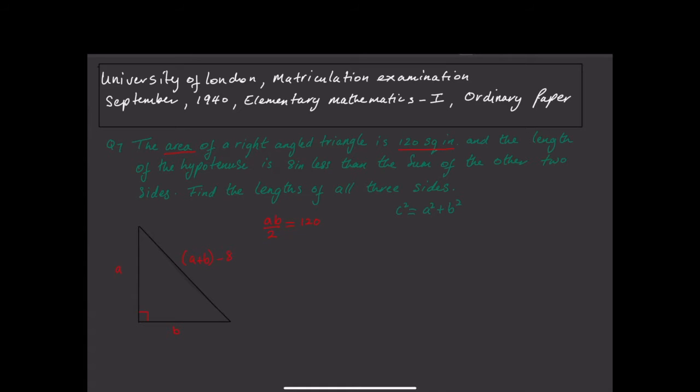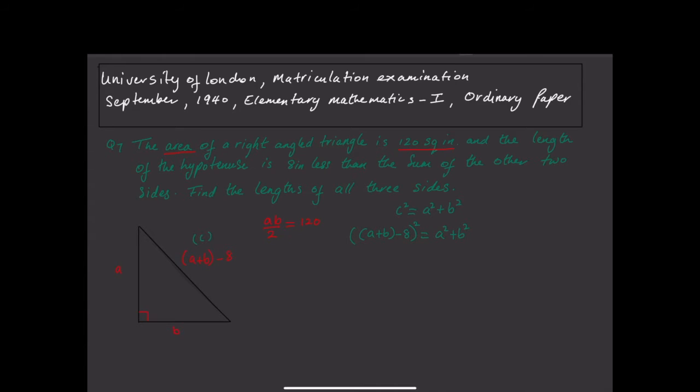Now we know what our hypotenuse is, which is c. So clearly we know this is c. So we can put A plus B in brackets minus 8, and we must square it, is equal to A squared plus B squared.